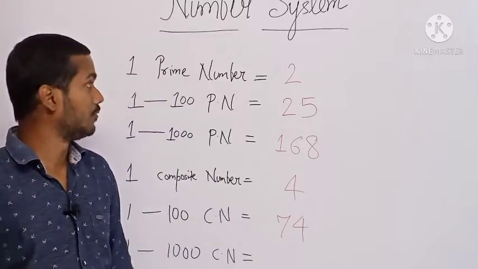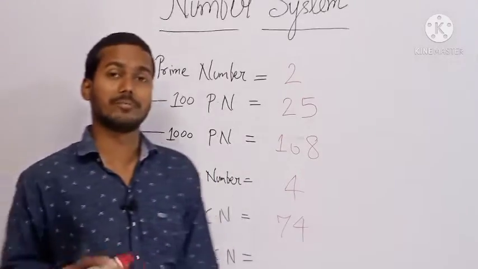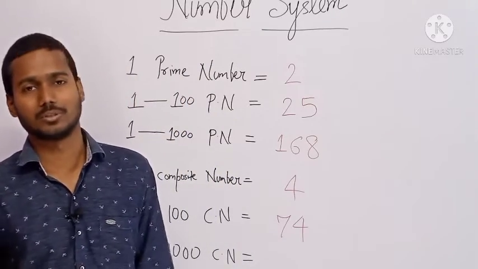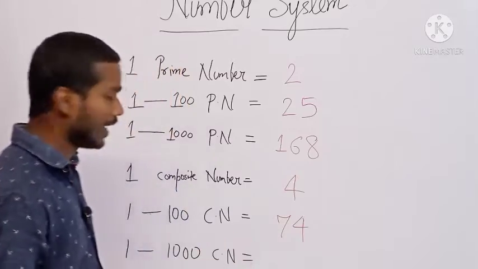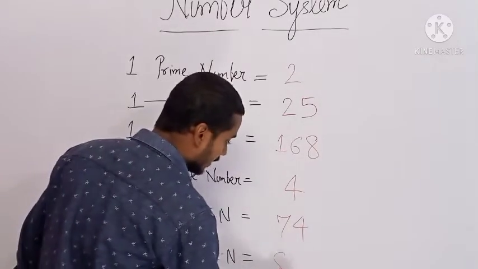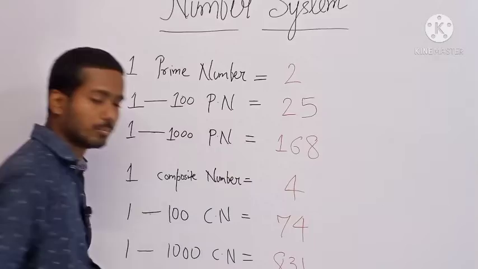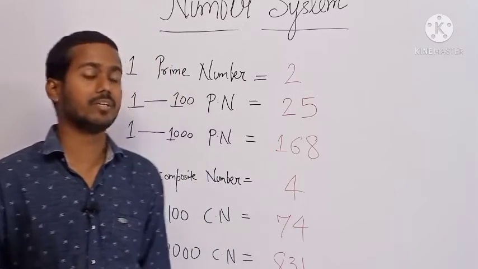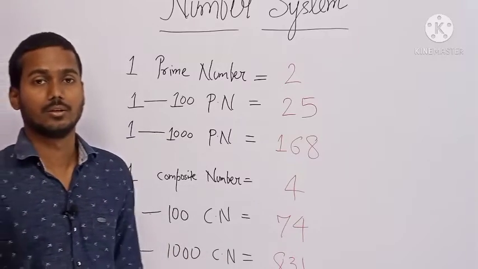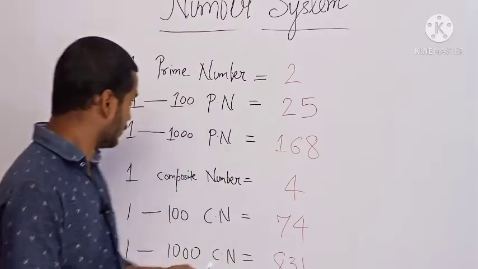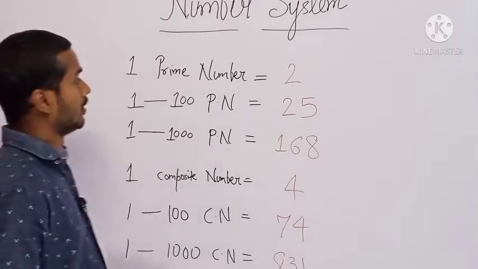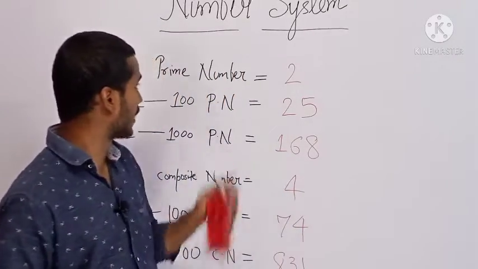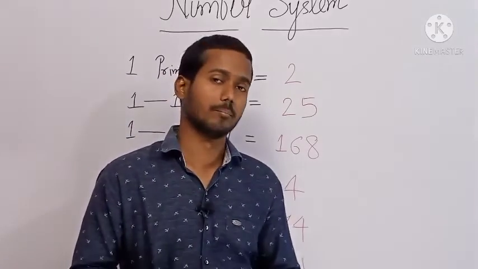So you only have to remember that there are 831 composite numbers in total between 1 to 1000. Okay. So these are the quick facts usually asked in examinations regarding prime numbers and composite numbers.